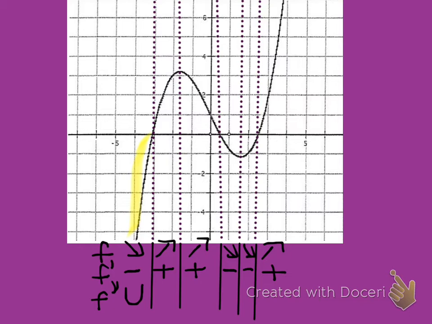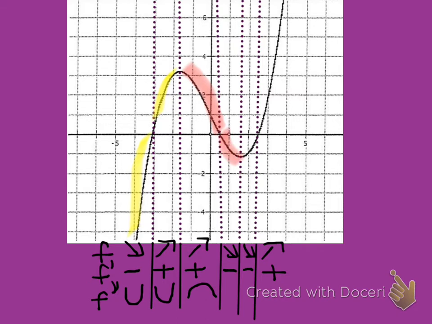And if you notice, it continues to increase, right? It's still increasing. So it is still going to be concave up like a cup. But now I come to a point in my graph where I am decreasing. So I am now decreasing, so my original function should be concave down like a frown.